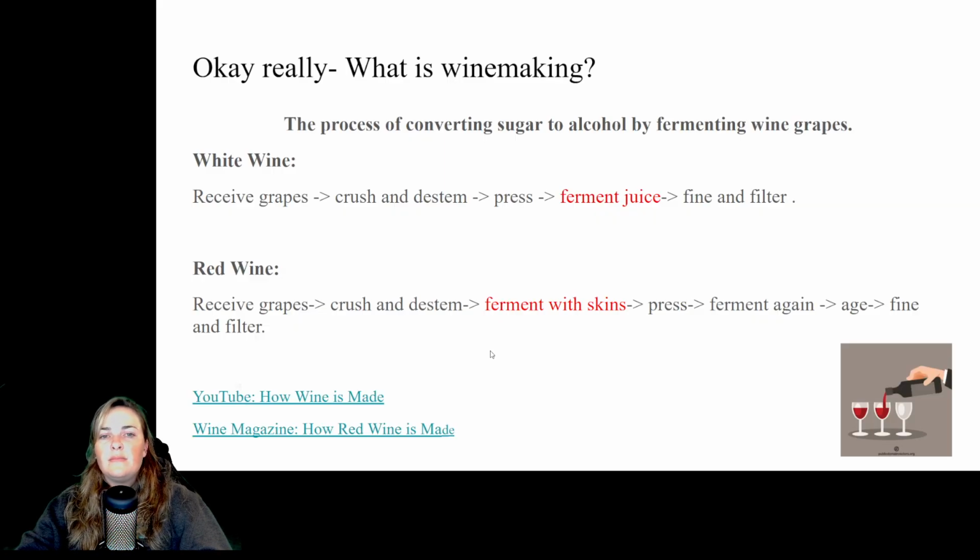That's the process for white wine. For red wine, you receive the grapes, you crush and destem, you ferment with the skins. That's what gives it its lovely color. Then you would press, ferment it again, and then age, fine, and filter. Those are the very general steps for white and red winemaking.